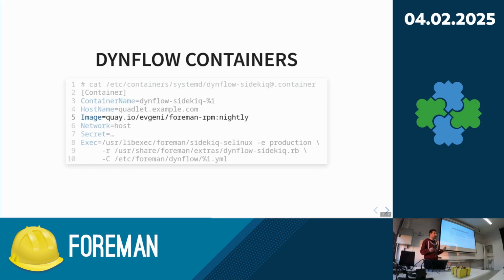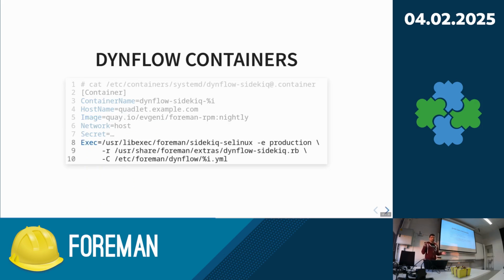And luckily, as I said earlier, it's the same image, so we don't have to build things a second time. We probably could, but there's no point. Again, we have the same network host things. We need to pass the same secrets, so I abbreviated here a bit.